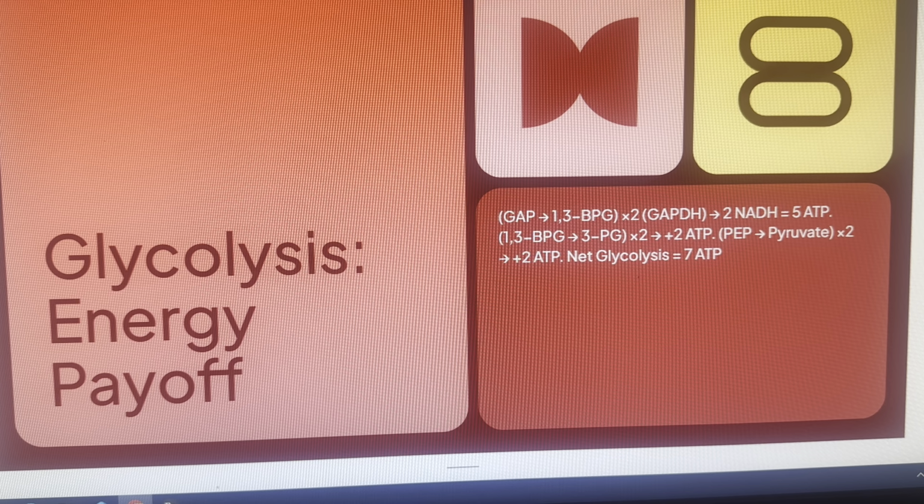Since there are 2 GAP molecules, this makes 2 NADH, worth 5 ATP later in oxidative phosphorylation. Phosphoglycerate kinase produces 2 ATP, and pyruvate kinase produces another 2 ATP. After subtracting the 2 ATP invested earlier, glycolysis nets 7 ATP in total, as you can see.